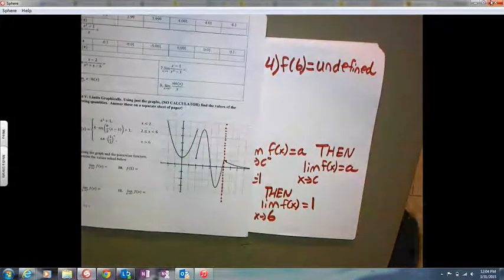Now, this brings us to the next rule. I'll do it in theory first, then a specific example.